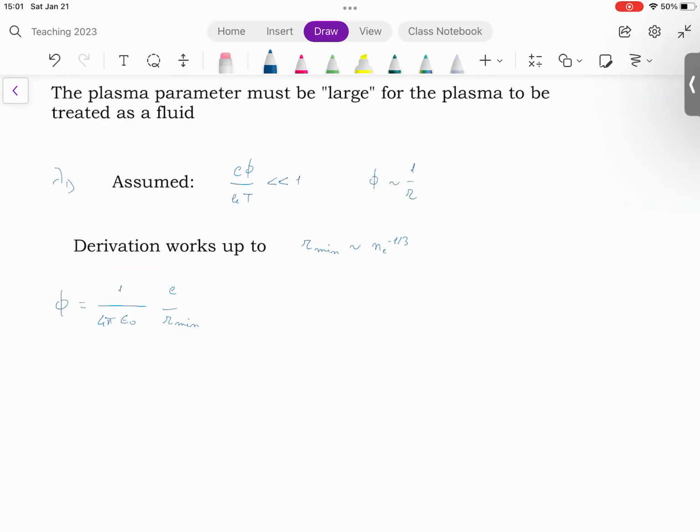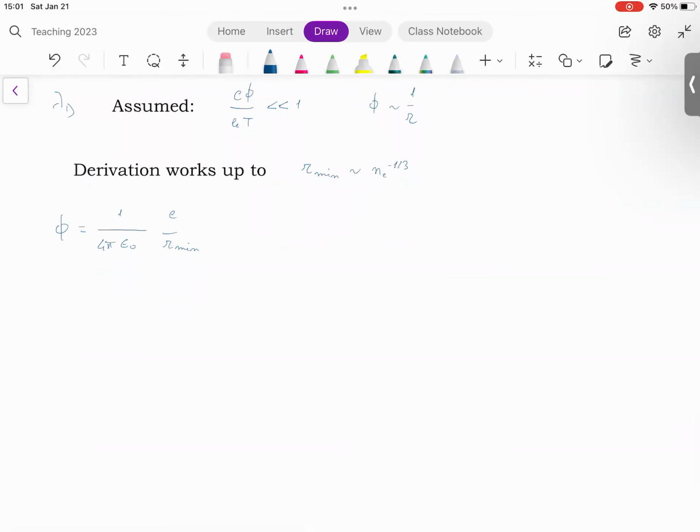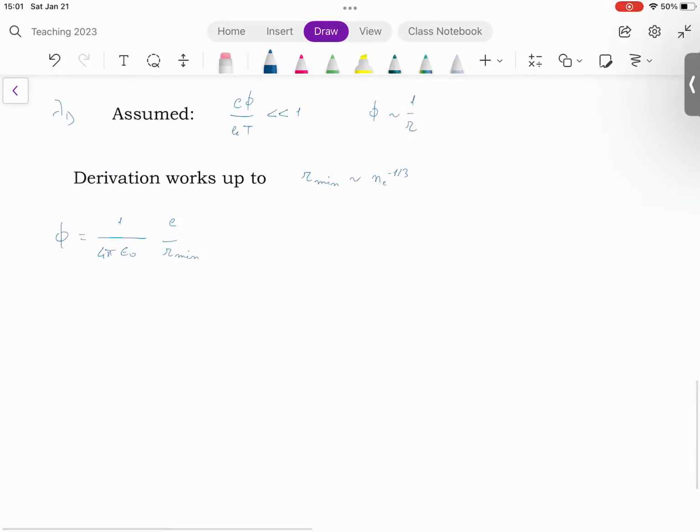Then I can substitute that into my ratio, the ratio that I have now on top of the screen. And let's see what we find.